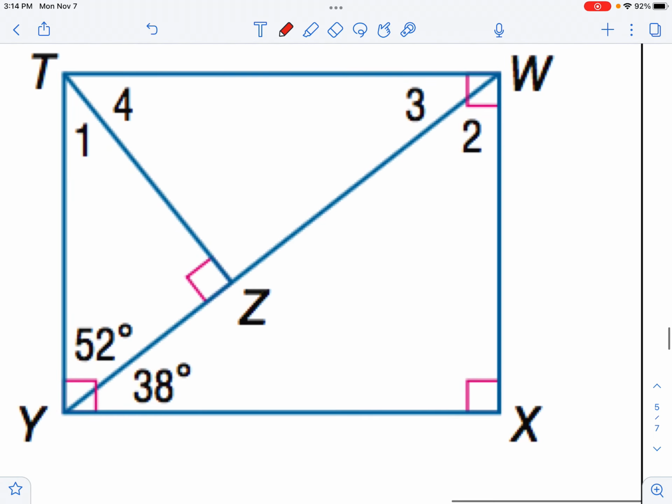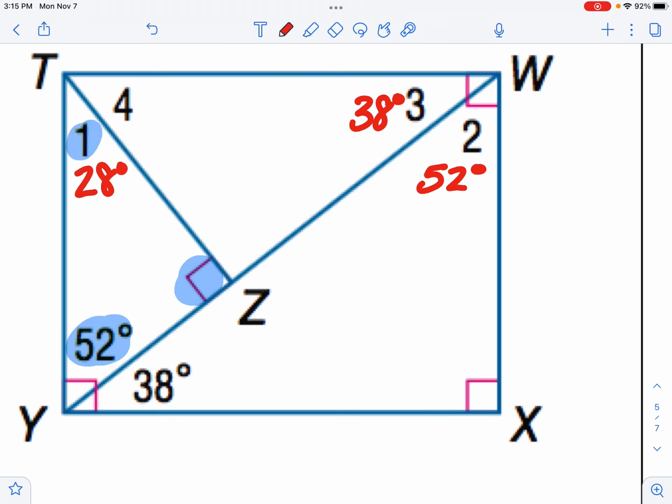All right, now I know that I have 38, a given right angle, and 2, so that should be 52 degrees. These two have a right angle that's given to us, so that has to be 38 degrees. 52 is given a right angle and 1, so that has to be 28 degrees.